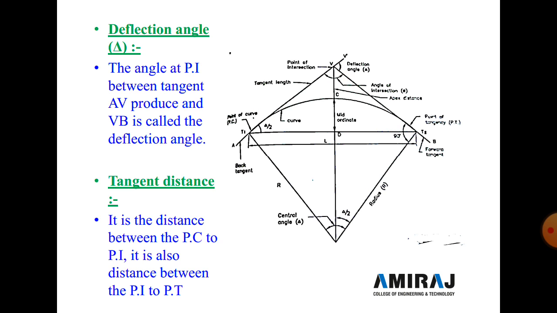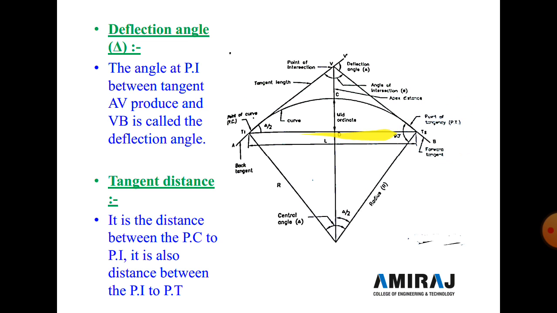Next is the tangent distance. The tangent distance is the distance between PC and PT. Clear? So here PC is the starting point and PT is the end point of the curvature.